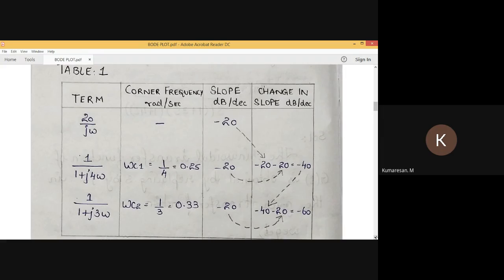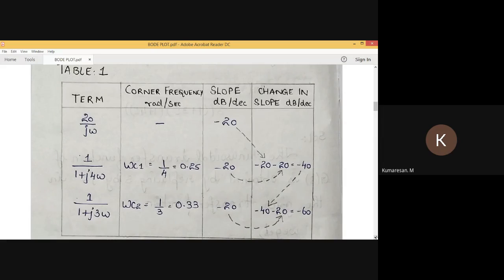The next term is 1 divided by 1 plus 3 j omega. Here we know the corner frequency is already found. This is also 1 by j omega in the denominator, so you put minus 20. The previous value of the slope is minus 40 and this one is minus 20, so the resultant is minus 60. The slope changes again at the third term, from minus 40 to minus 60.